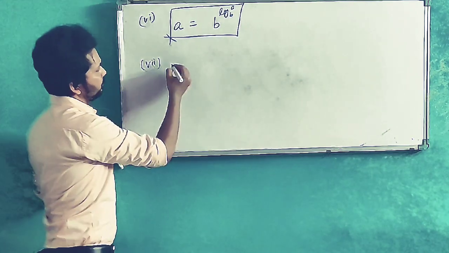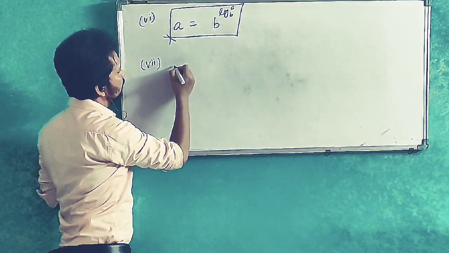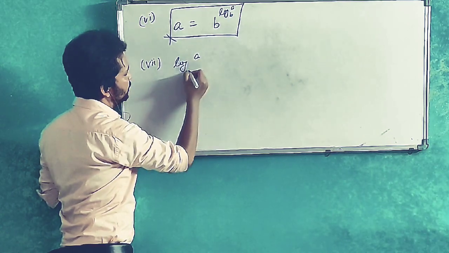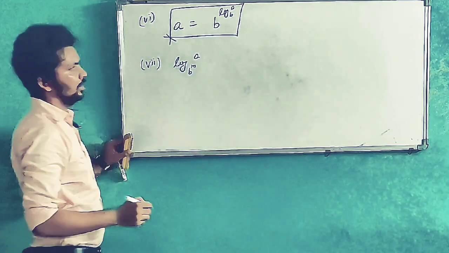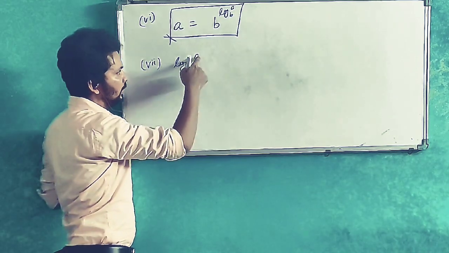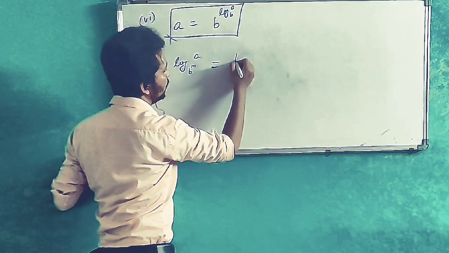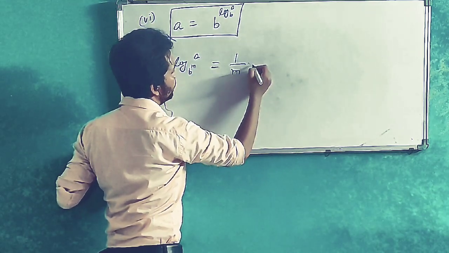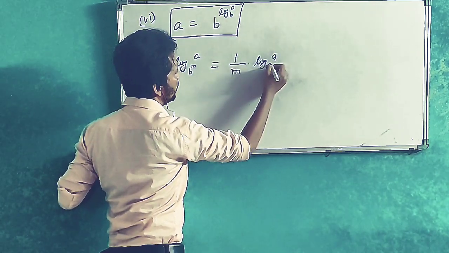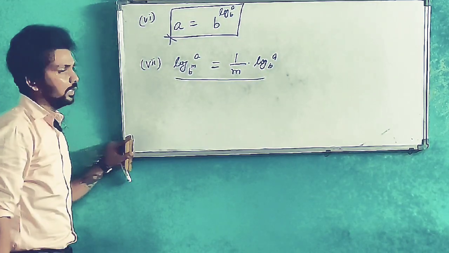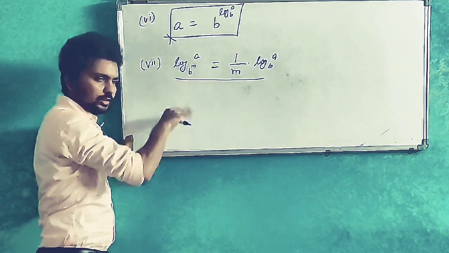If I have log a base b raised to m, that is equal to 1 by m into log a base b. Now the proof of this property is very important, so I am going to prove this right here.